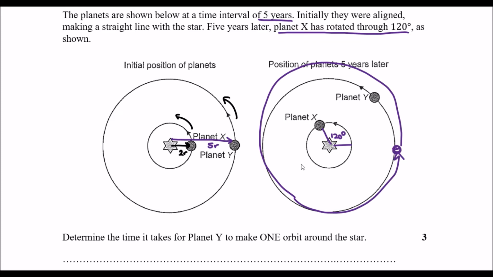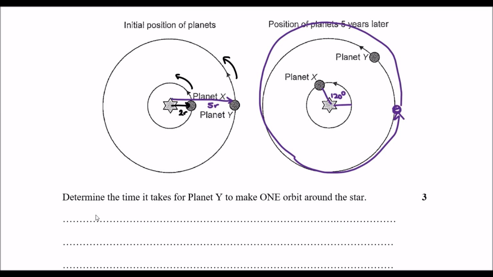All right, so that's quite a lot of information to unpack here. As you would know, to find the time, we will be using Kepler's law of planetary motion. So in this case, we're using r cubed over T squared, and given that we don't have the mass of the star, we would be equating r cubed over T squared for the two planets, given that they are orbiting around the same star.